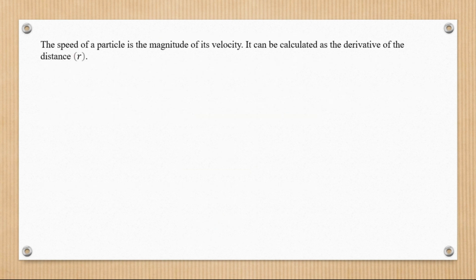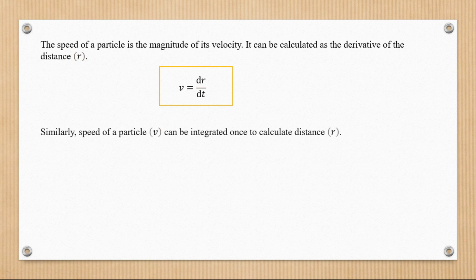Then the speed of a particle is the magnitude of its velocity. It can be calculated as the derivative of the distance r. So you can have the speed v being equal to dr/dt, and that is another way of finding velocity v. Similarly, the speed of a particle v can be integrated once to calculate the distance r.